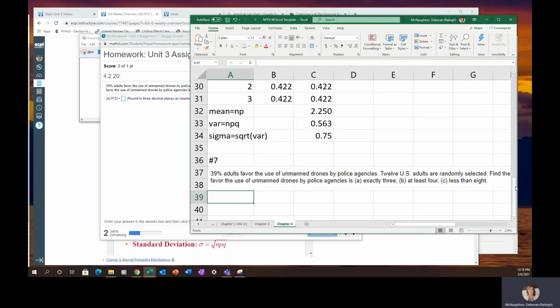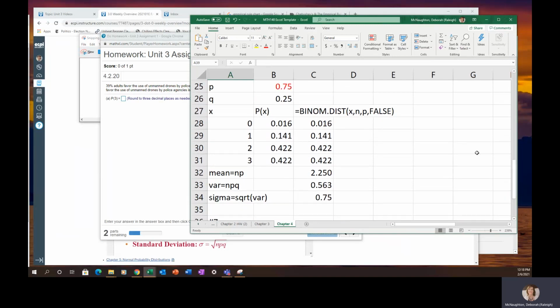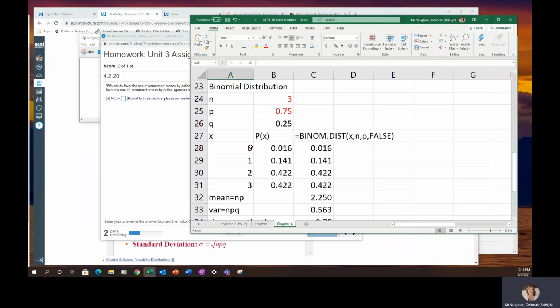So I'm going to go up here and just copy at least a little bit of my formulas to make this easier for me to set up. Okay, so this is a binomial distribution. And I'm just going to copy this part of it.